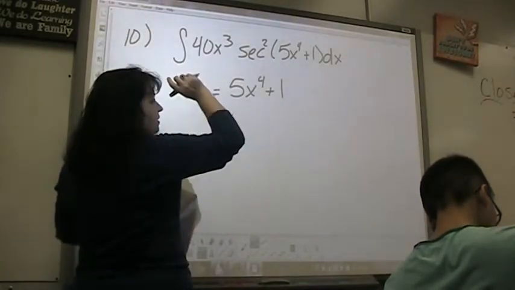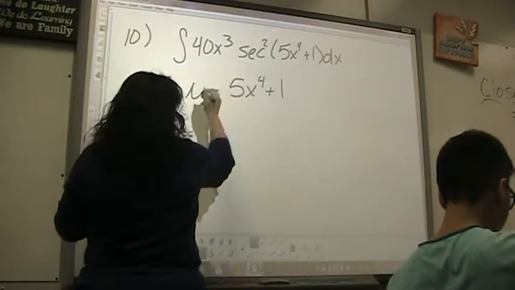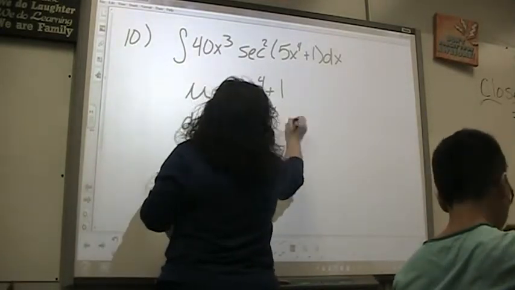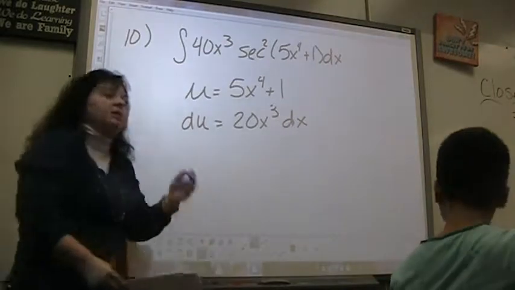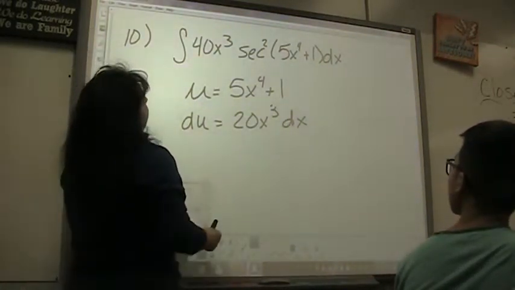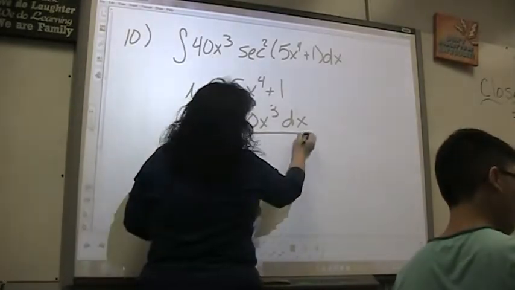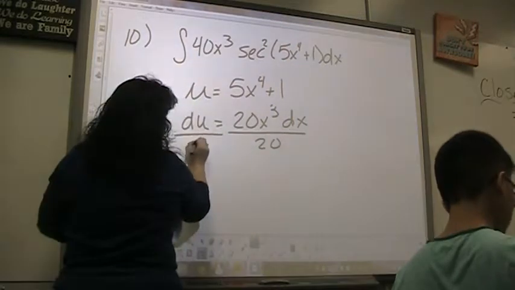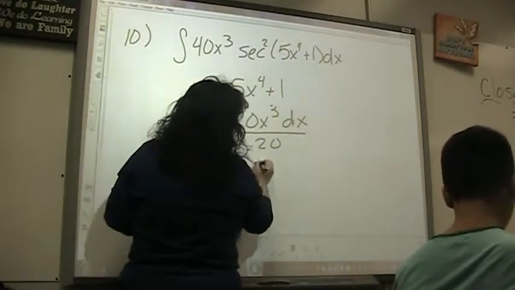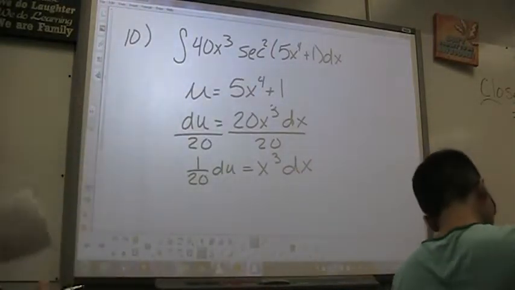And like I said, if you could handle everything but that 40, I was going to take care of it. We're going to handle this in the exact same fashion. I have the x cubed, so I'm going to move the 20 over. And I get 1/20 du equals x cubed dx.